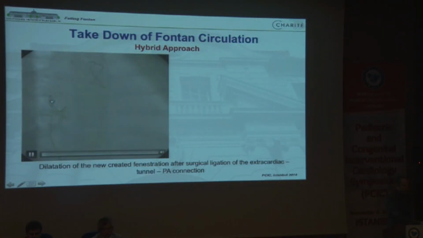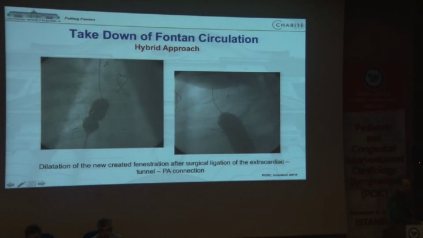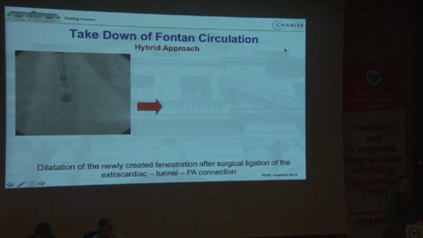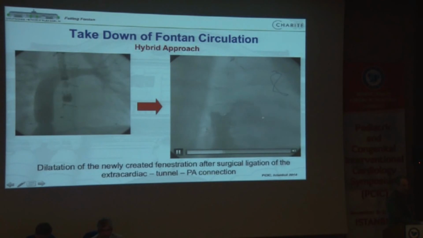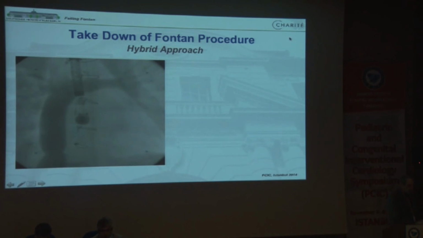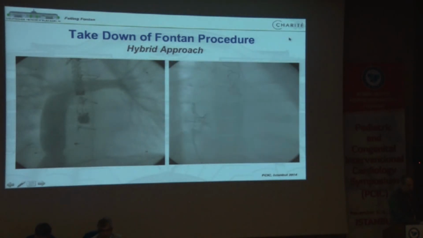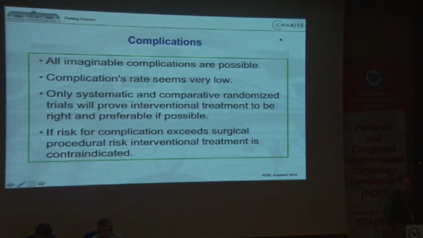And afterwards, as you can see here, we had to create a large connection, which we did with high pressure balloons to end up with a 16 millimeter connection to the atrium, and that was a takedown without the need of cardiopulmonary bypass in this situation. So at the very end, we had a takedown of the shunt, as you can see here, of the Fontan.